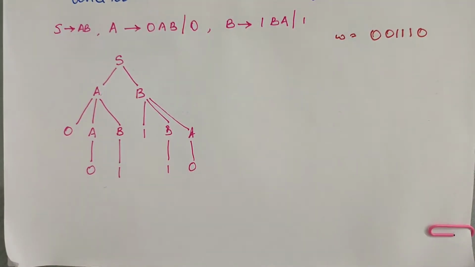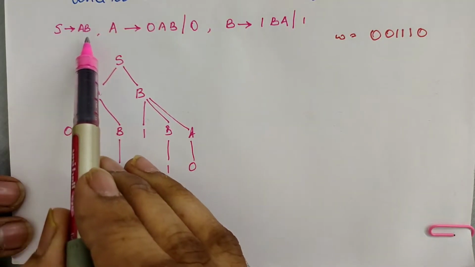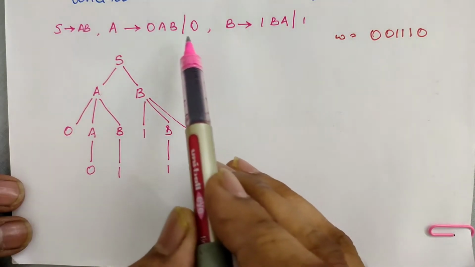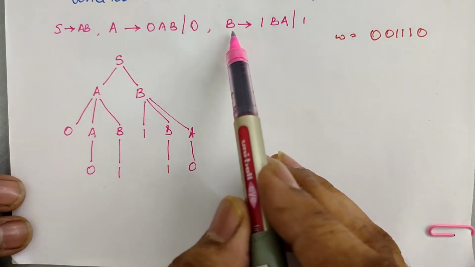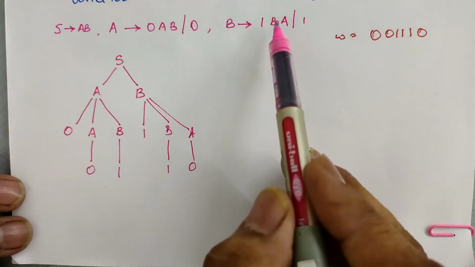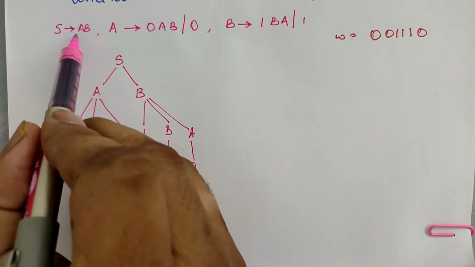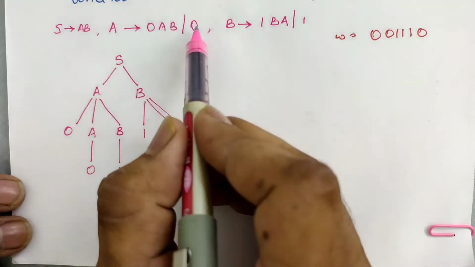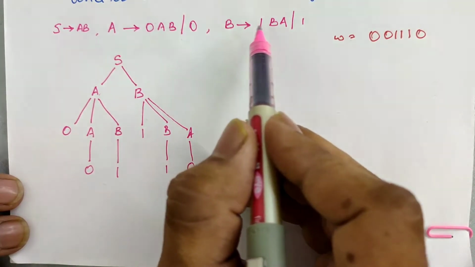So here is a grammar given with the production rules. S tends to AB, A tends to 0AB or 0, and B tends to 1BA or 1. So in all there are 5 production rules: S tends to AB, A tends to 0AB, A tends to 0, B tends to 1AB, or B tends to 1.